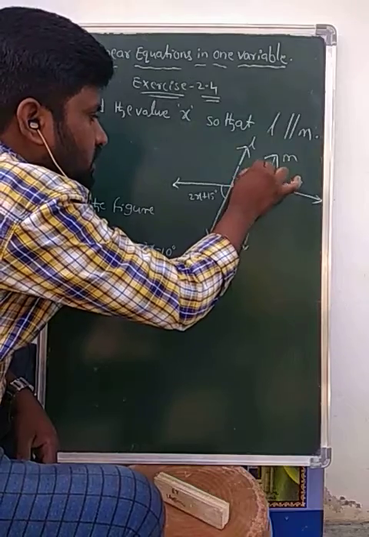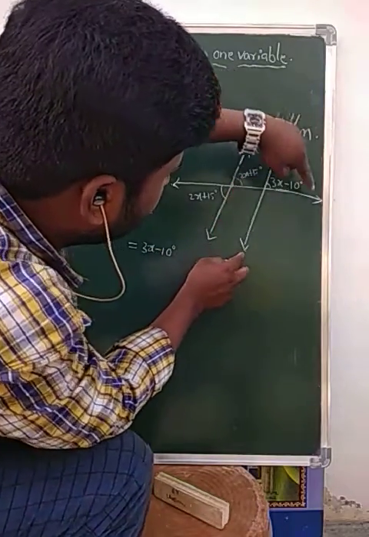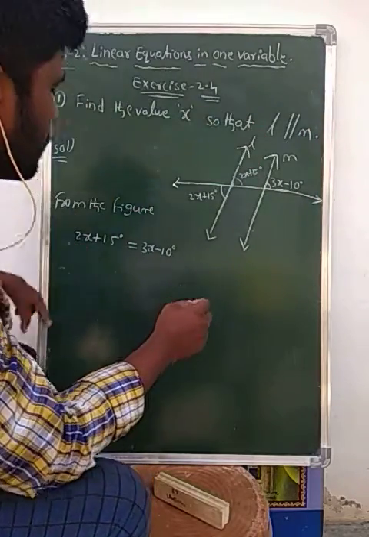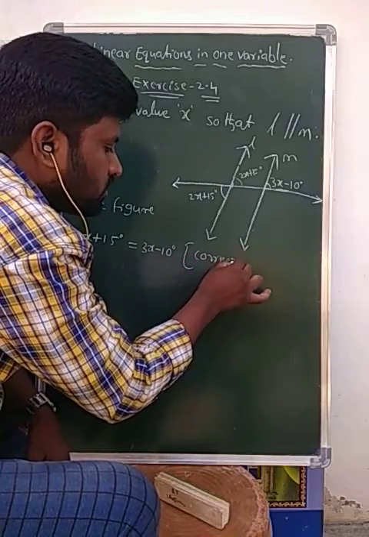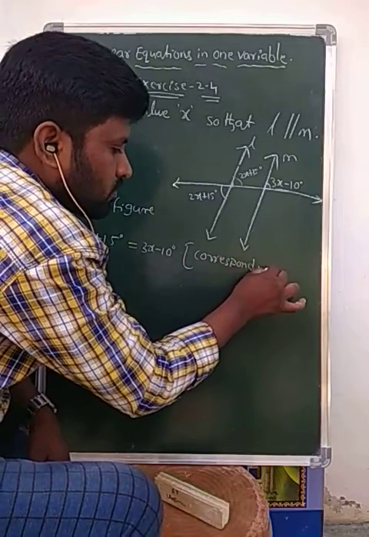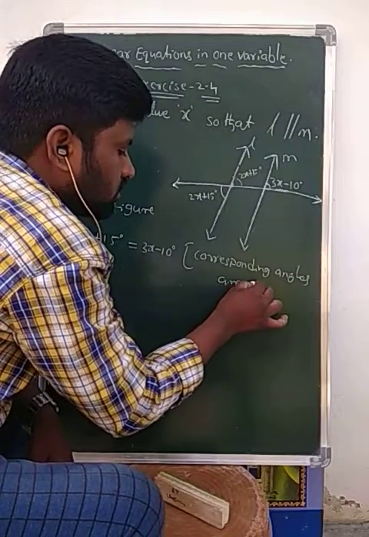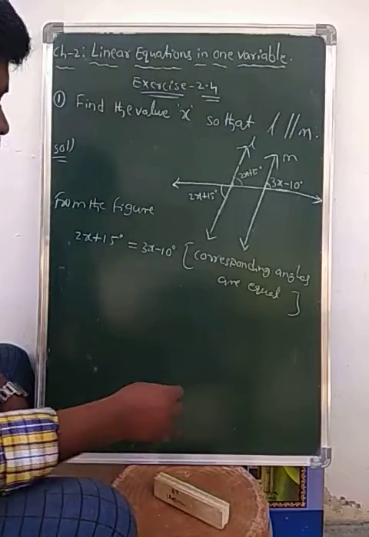Then L and M are parallel and this is a transversal, so these two angles are corresponding angles. We know corresponding angles are equal. Each pair of corresponding angles is equal.